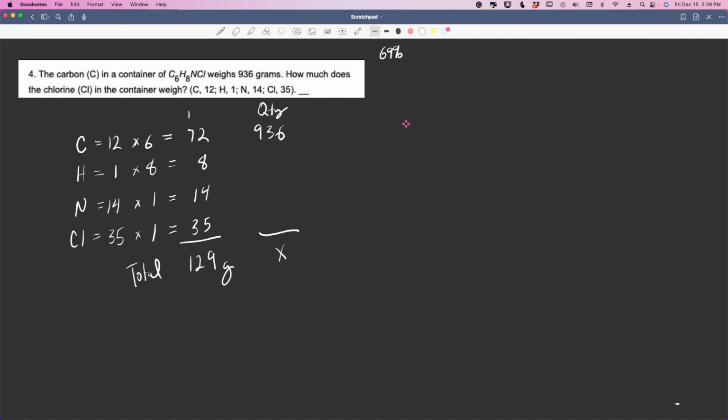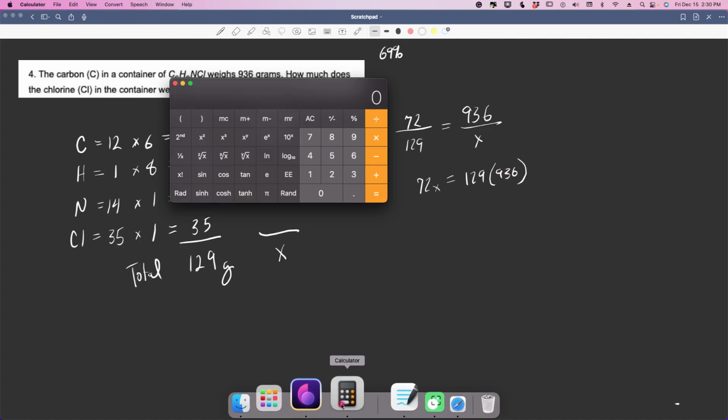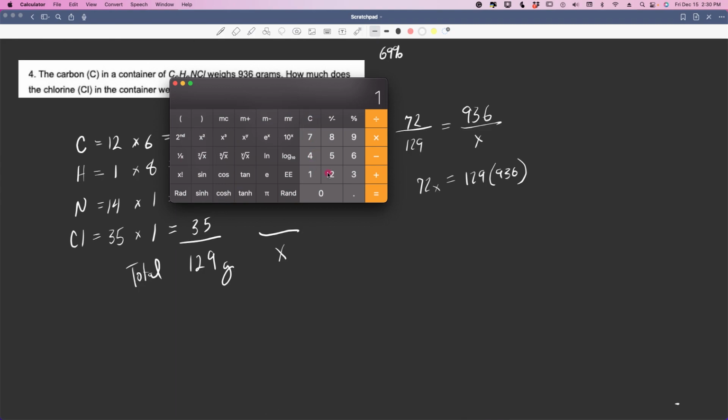So we set this up as our proportion. 72 over 129 should equal some scaled version of that, 936 over X. So 72X is equal to 129 times 936, which would be 120,744.